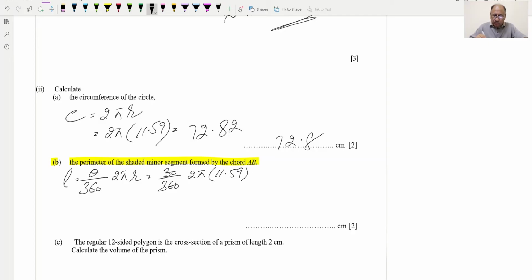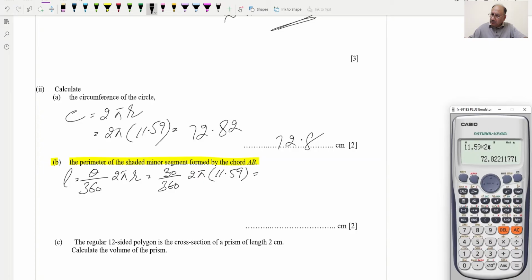We multiply 30 over 360 by 2 pi and by 11.59, and this is equal to 6.06.